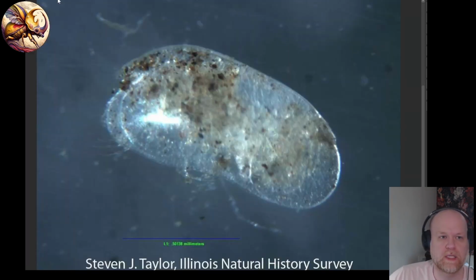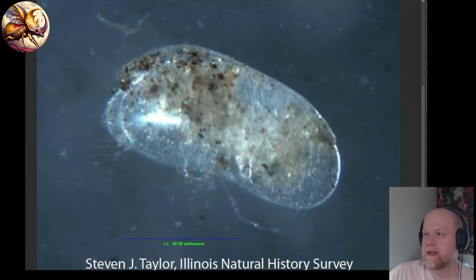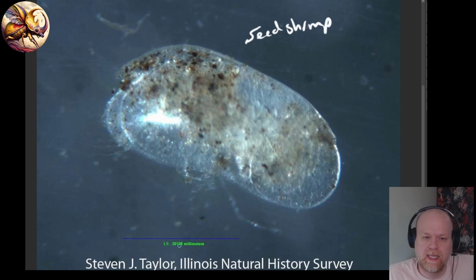Related to them are the Ostracoda, the seed shrimp. Sorry, not water fleas, seed shrimp. These are also very, very small. You can see here, this is 0.5 millimeter. They're itty bitty.